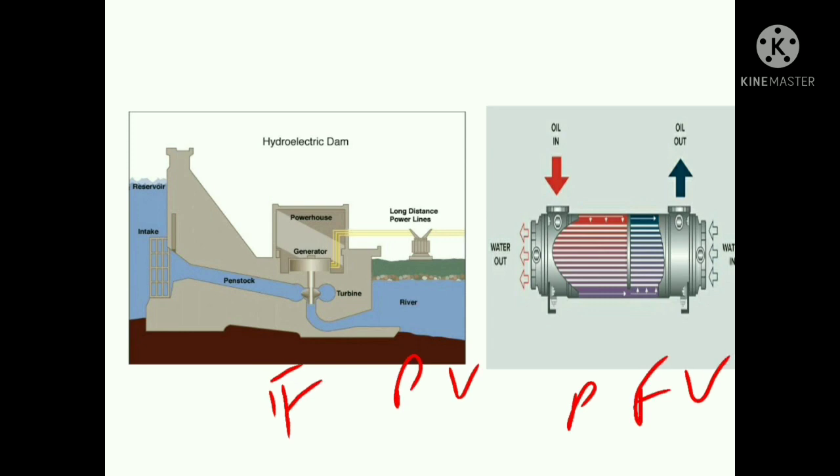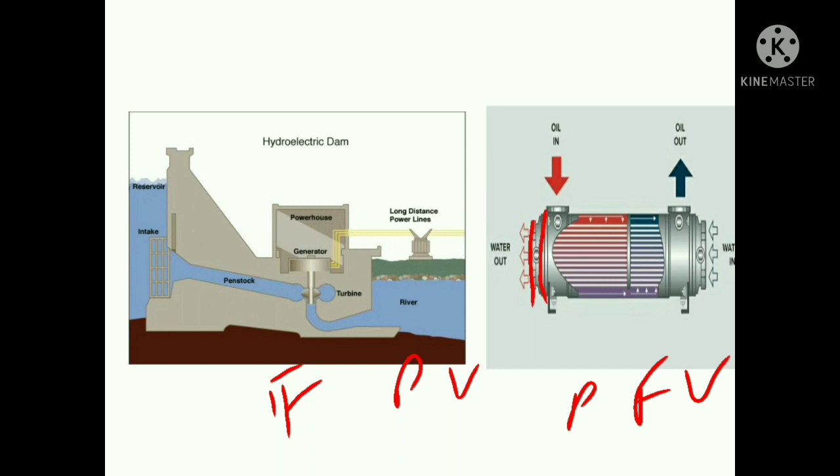So in condensers, heat transfer is mostly due to more flow of water. When more quantity of water is flowing through this condenser, then only will there be more cooling. If we stop this water flow, then there will be more pressure, but there is no heat transfer because water is stagnant here. In stagnant water, there is no heat transfer.